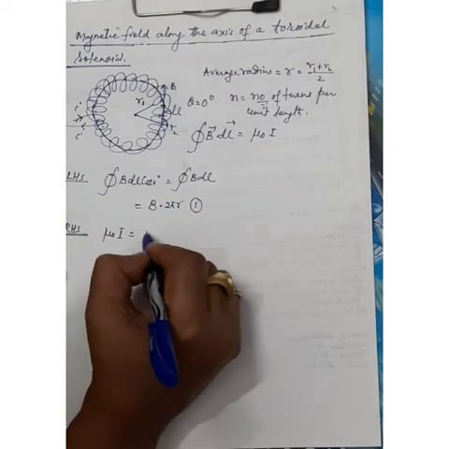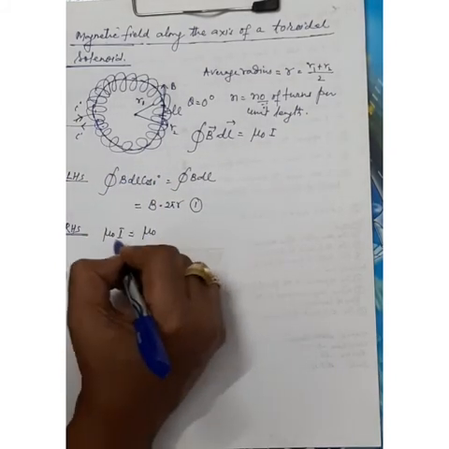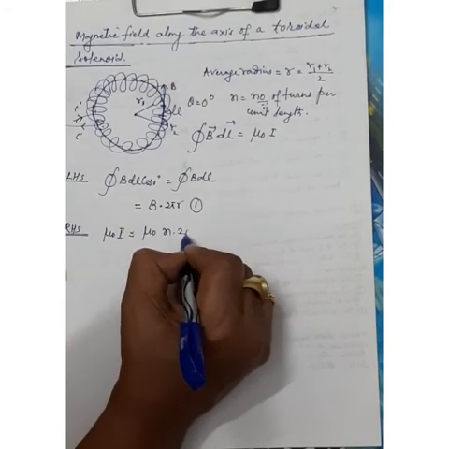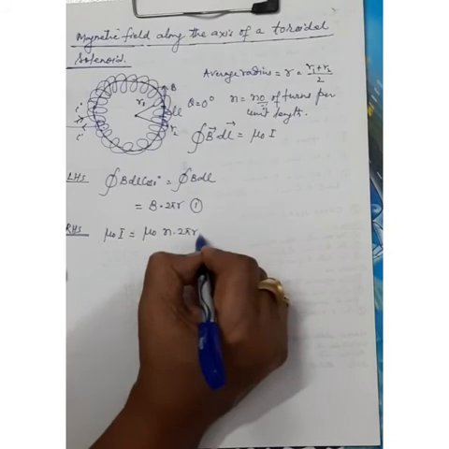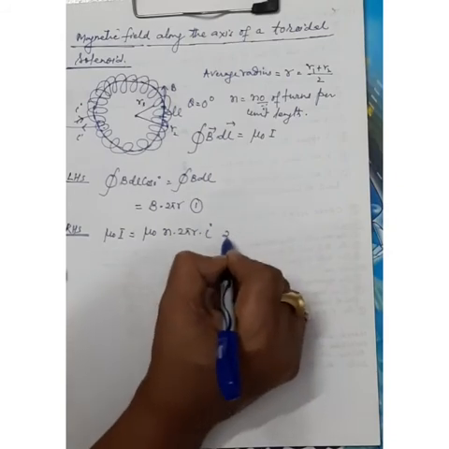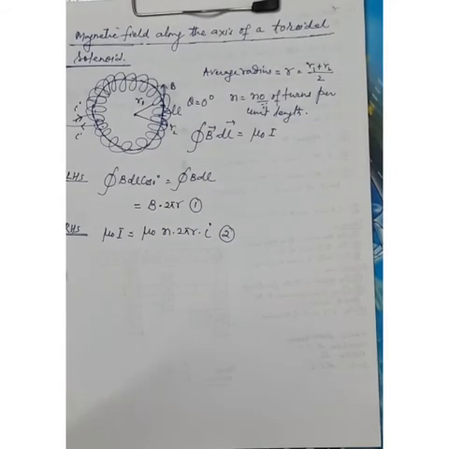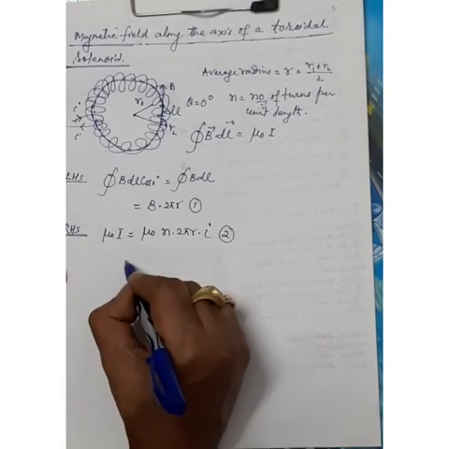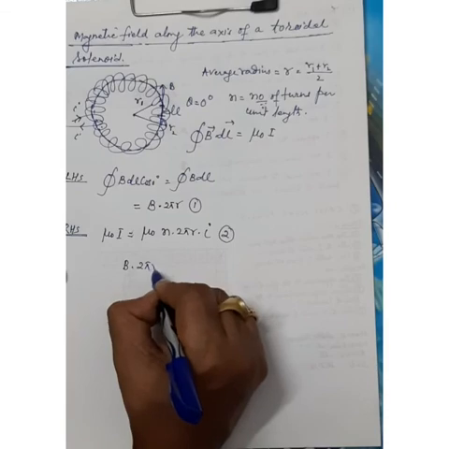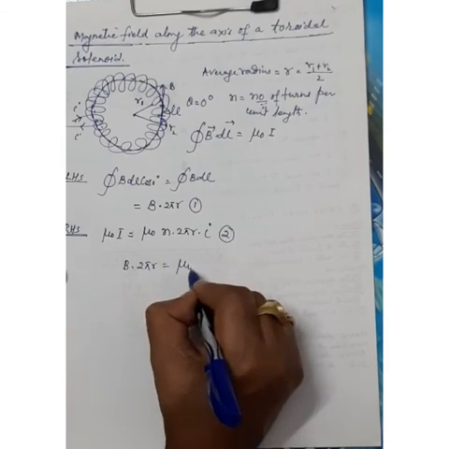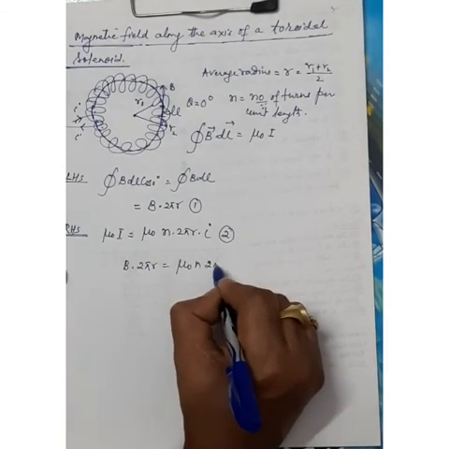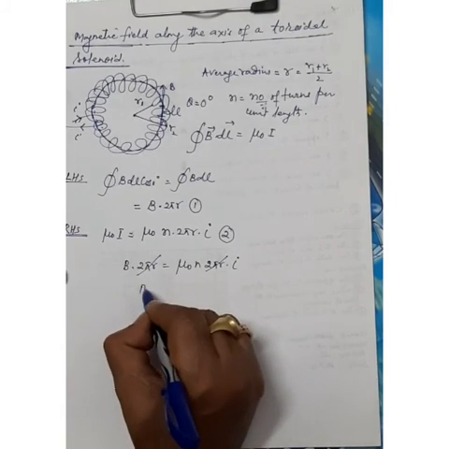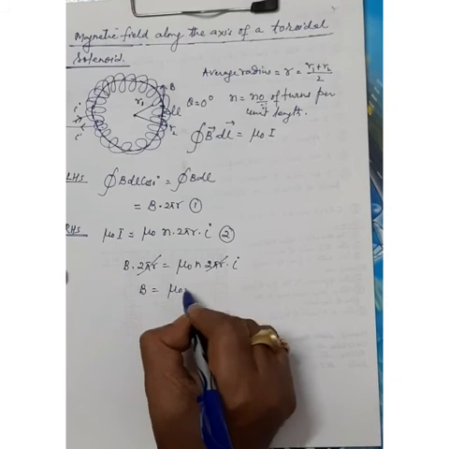So mu naught times n into 2 pi r, which is the total number of turns, multiplied by I. This is equation number 2. Now apply Ampere's circuital law. We can write B 2 pi r is equal to mu naught n 2 pi r into I. This 2 pi r cancels this 2 pi r. B is equal to mu naught n I.